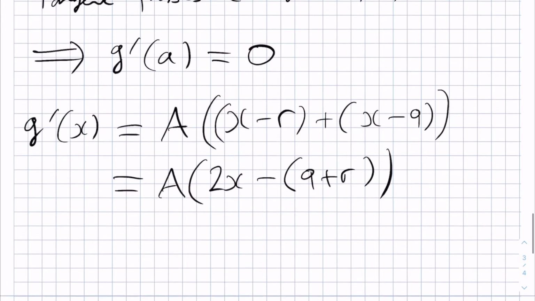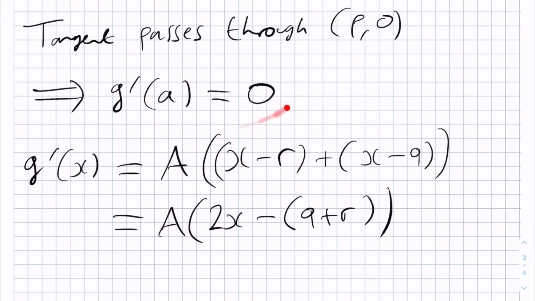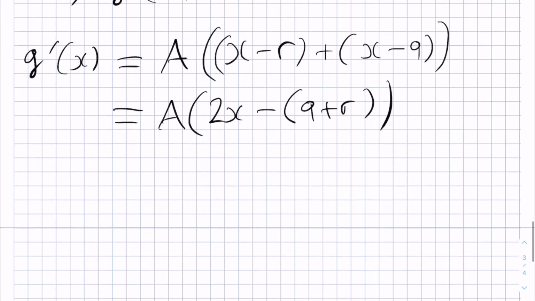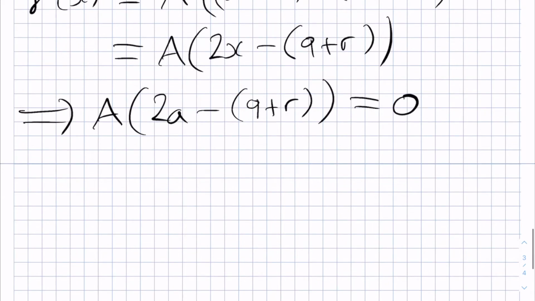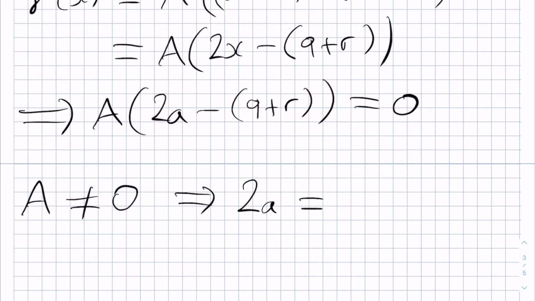Since g prime of a is equal to 0, putting a in here gives us that A times (2a minus q plus r) is equal to 0. We were told that capital A is a non-zero constant, and so therefore the bracket is equal to 0, which tells us that 2a is equal to q plus r, as we were required to show.